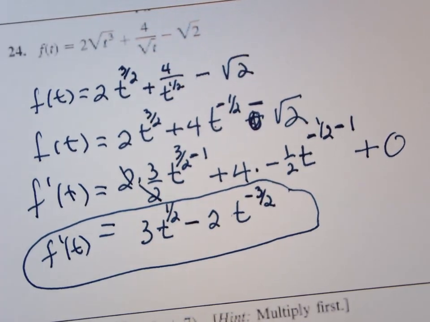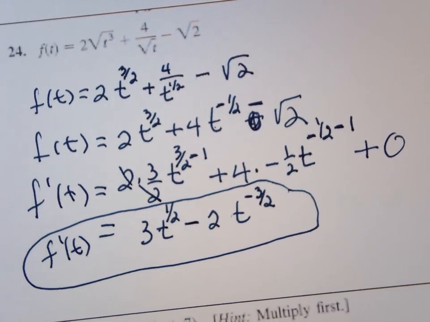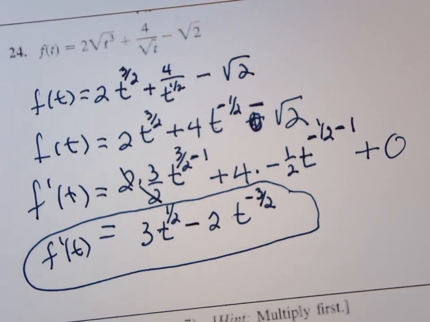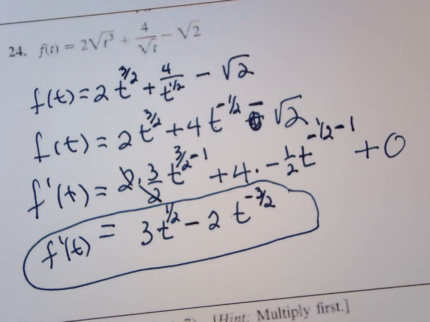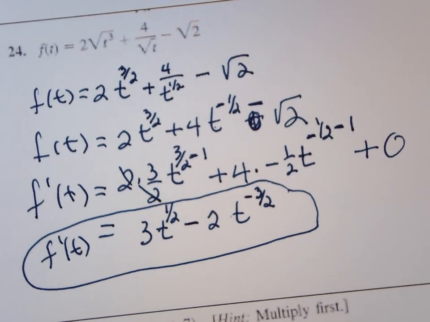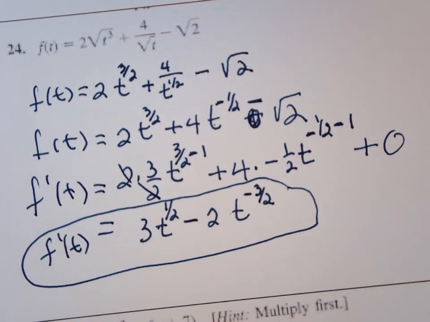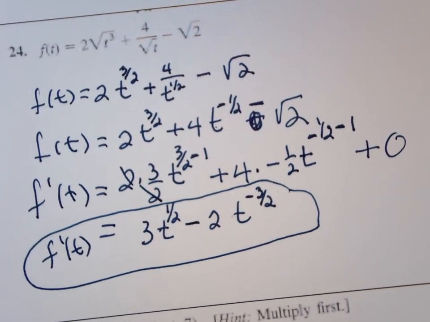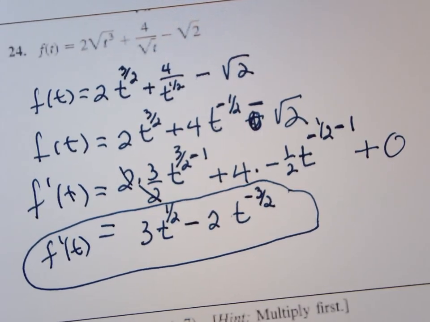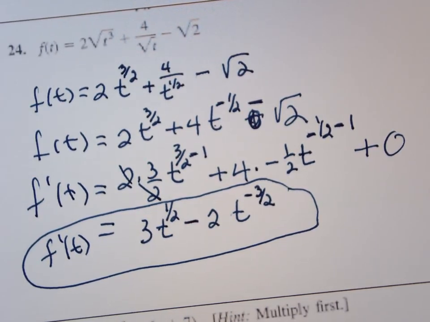The derivative is the slope of the tangent line. It's the instantaneous rate of change. So if t stands for time, you give me the time that the trooper pulled the trigger, I can tell you how fast you were going at that time if this function represents your speed. Sorry, what exactly happens to the square root of 2? Square root of 2 is a constant, and the derivative of a constant is 0. Yeah.